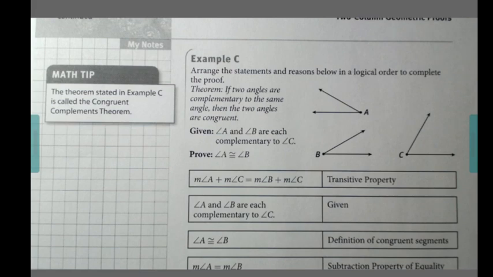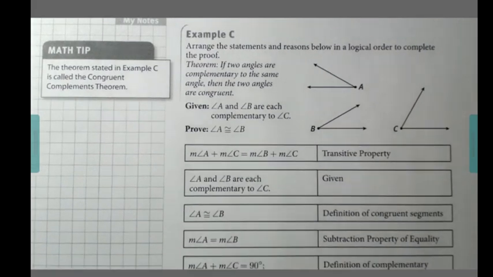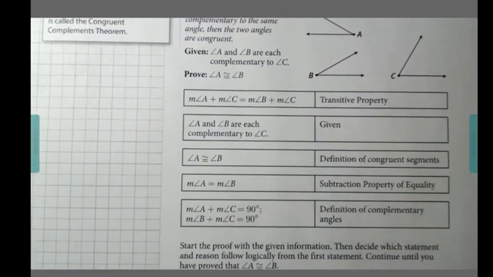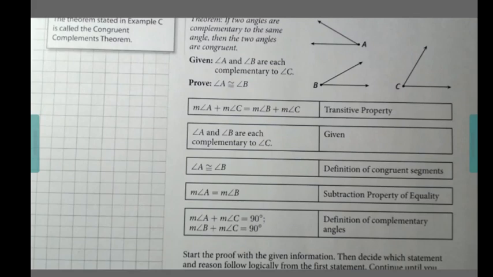Given angle A and angle B are complementary to angle C, and we're to prove that angle A is congruent to angle B. So they start off by giving us statements and reasons that have been written together.